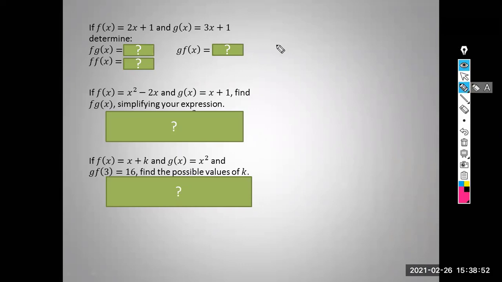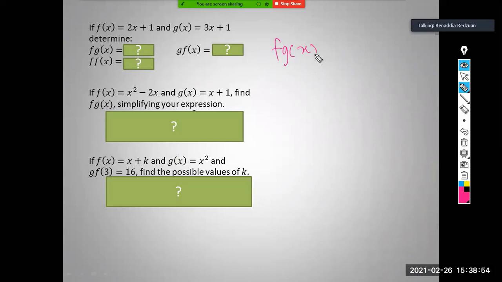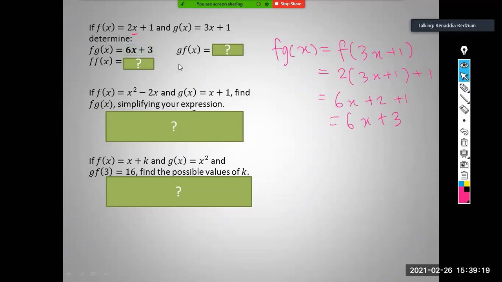Okay. Wait. Fgx. We need to do g first, right? G is 3x plus 1. Then this value replace in f. So the x here replace with 3x plus 1, then plus 1. So 6x plus 2 plus 1, 6x plus 3. Okay, go. 6x plus 3.